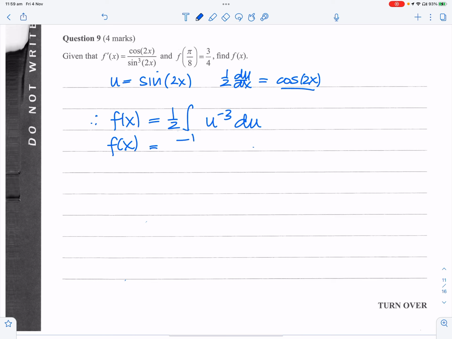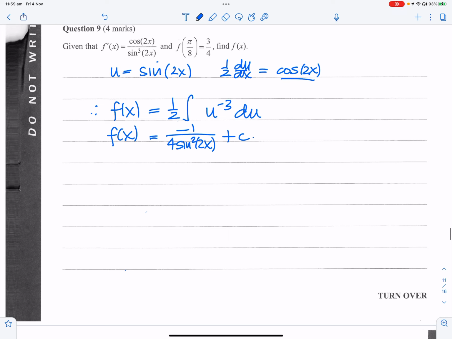So f(x) = negative 1 on 4 sine squared 2x plus c. When x equals pi on 8, y is 3 on 4. So we get 3 on 4 is equal to negative 1 on 4 times sine squared of pi on 4.